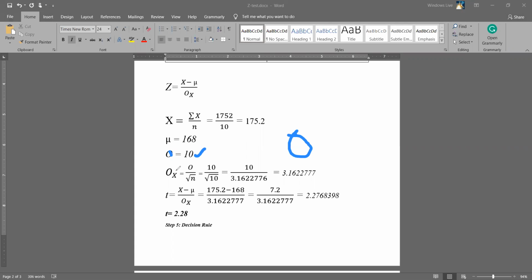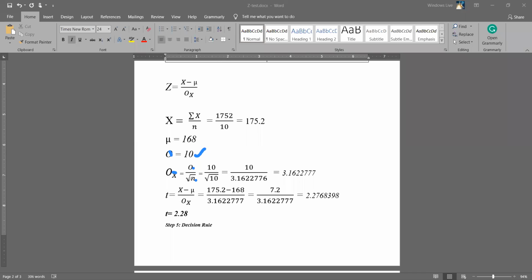And you know the formula for population standard error of the mean is the population standard deviation over the square root of n. That's what we've indicated here. From the question, you were given the population standard deviation as 10.